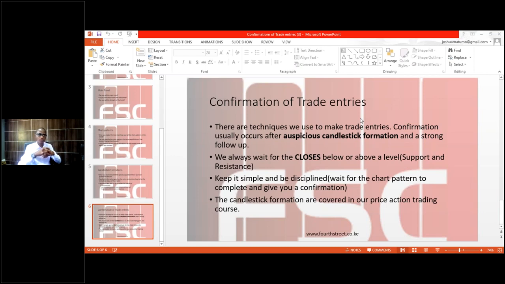Of course, it goes without saying that you have to control your greed. You have to control your greed in Forex. Don't go out of your money management plan. For instance, if your risk plan, as we teach at FourthStreet Consultants, for traders to approach the market with a conservative risk exposure, if your exposure is, let's say, 5% of your capital, then it means at any one point in the market you will not be risking more than 5%.